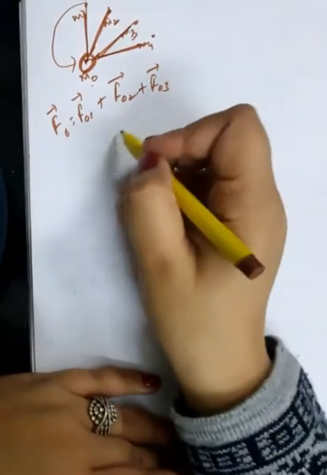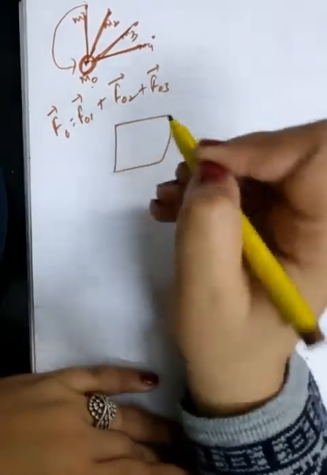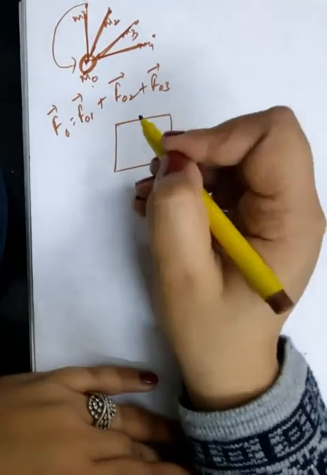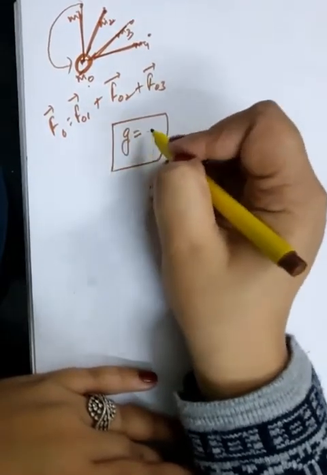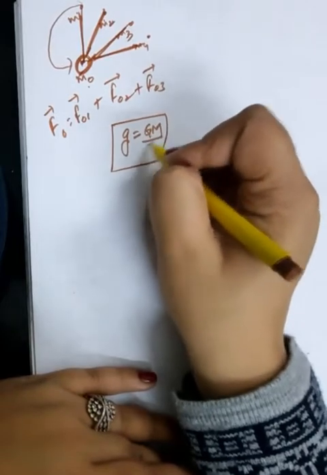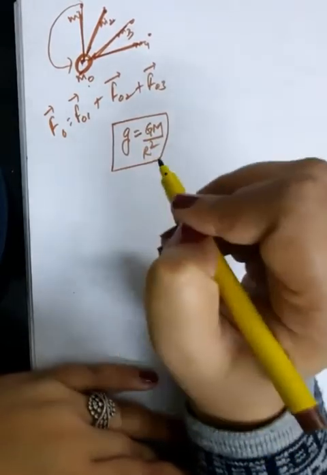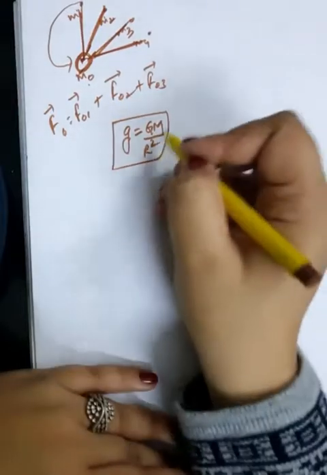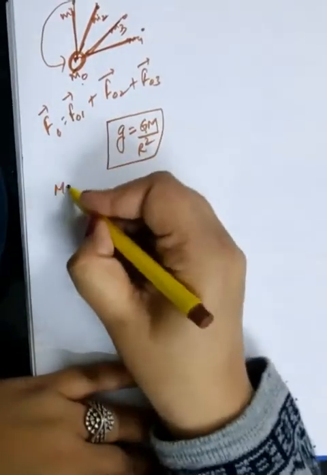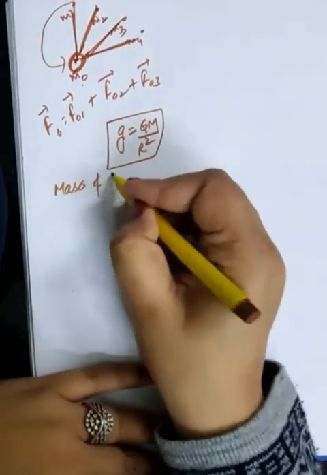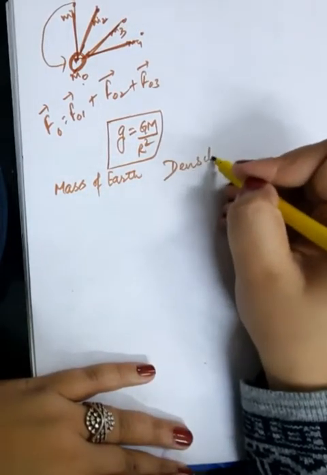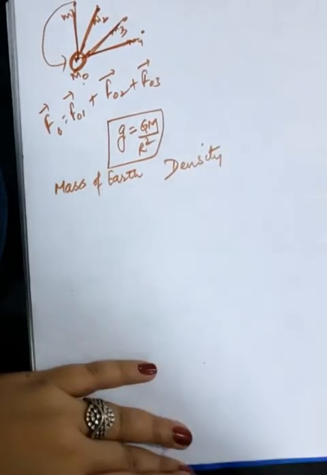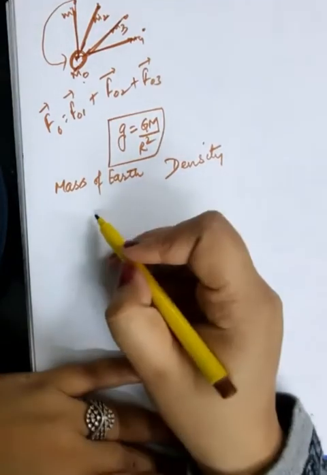After that you should remember that you have got the relation between small g and capital G, and that relation came out to be small g is equal to GM upon r square. ठीक है. So after that, by using this relation you can find mass of earth and you can find density of earth, right? Before that you should remember few values.